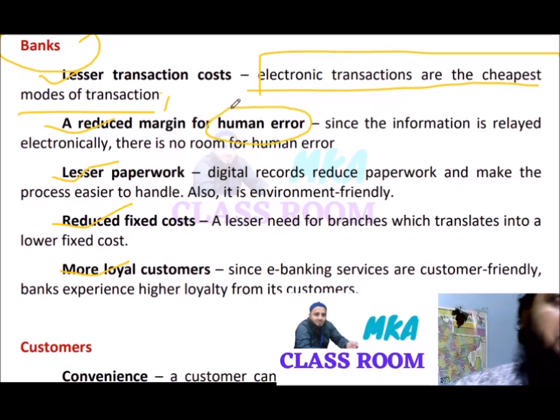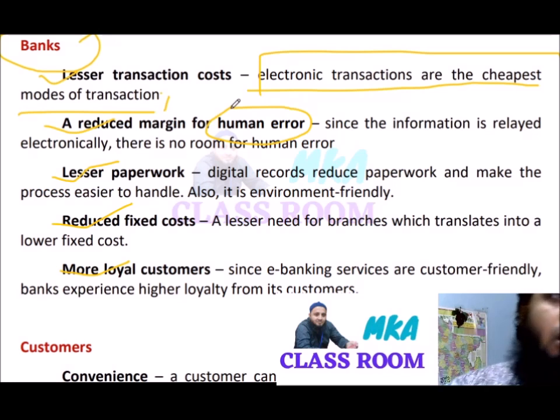We know that to err is human. Whenever a human works, it is very simple to make errors. But whenever a computer works, it is very possible to reduce error through electronic banking.